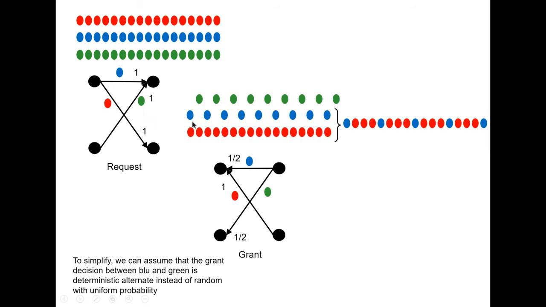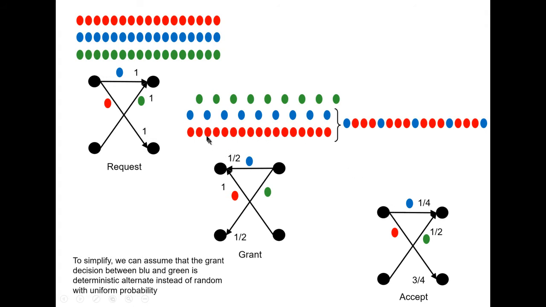Okay. So after the grant phase, then we have the accept phase. In the accept phase, the green grant is always received by this input node here, which receives only one grant, and so it will always select that grant. And then this input node on the top receives two different grants, and again it will select between 1 and 2 in an alternate way.